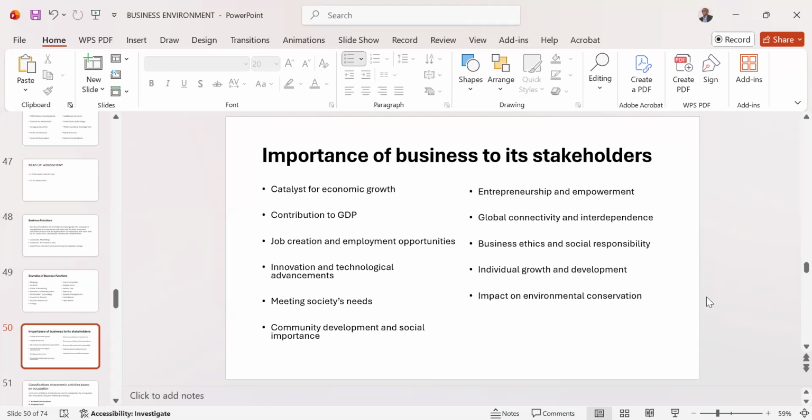Another thing is global connectivity and interdependence. When we say global connectivity, for stakeholders, for example, customers, you can connect them. For example, as I'm talking to you now, MTN through their data is what is supporting this connectivity. I'm not where you are, but I can talk to you.